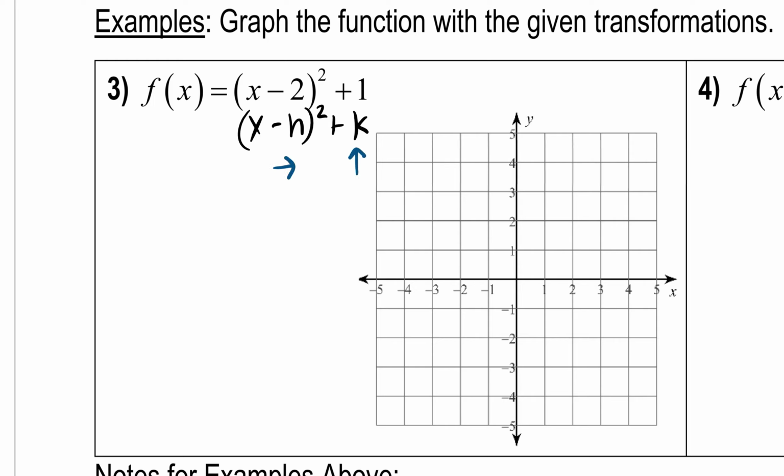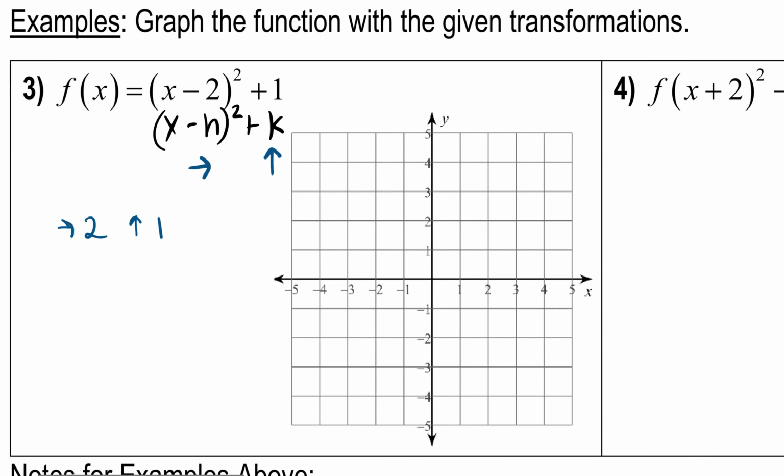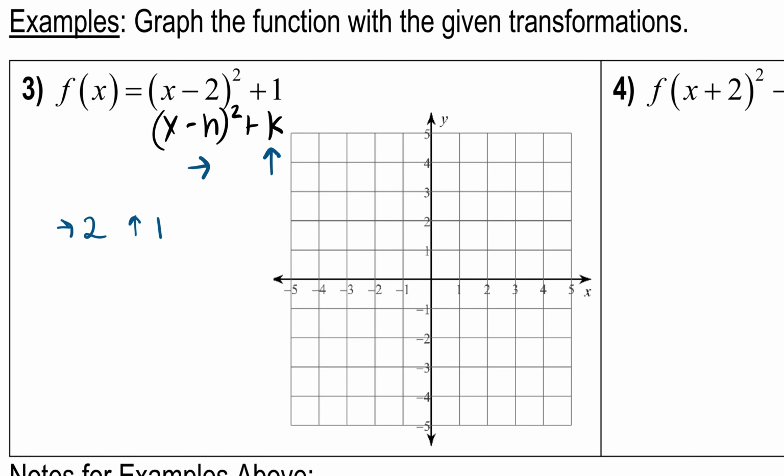So that means I'm going to go right 2, up 1. Okay, so I'm going to start at the center. You always start at the origin for these. And I'm going to go right 2, up 1, and there is my starting point, or my vertex. Okay, so I have that.